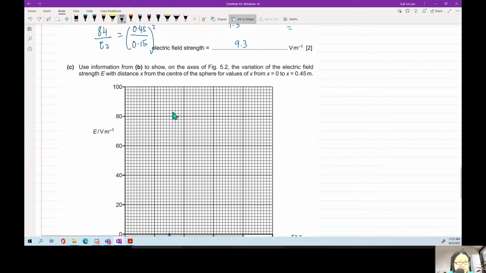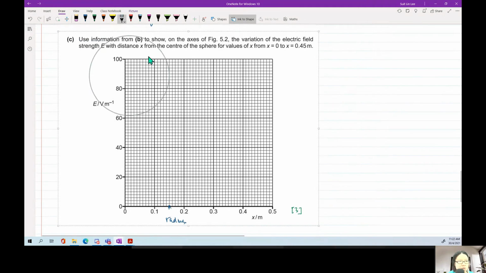It's fine. 1, 2, 3, 4, 5. Okay, let's see. So the center of the sphere is somewhere here. Center is here. Okay, good enough.